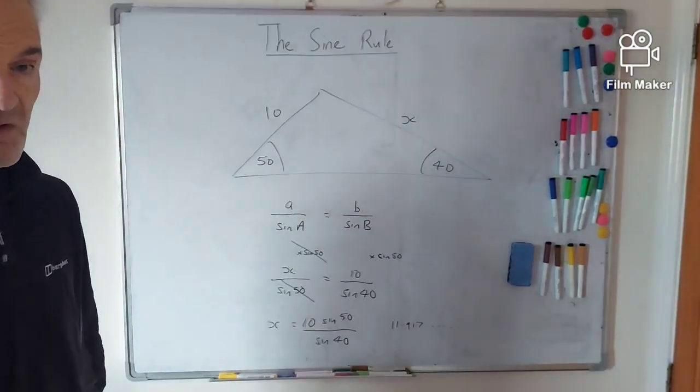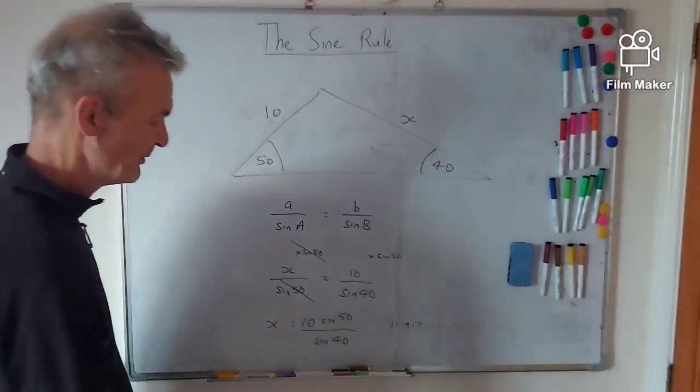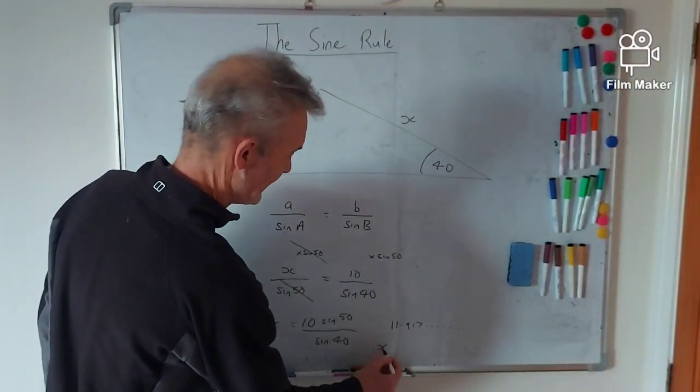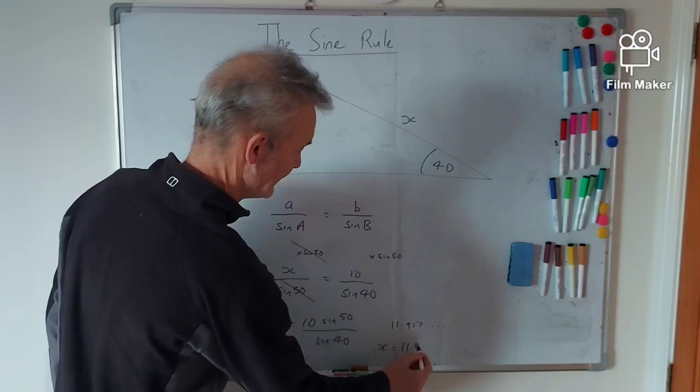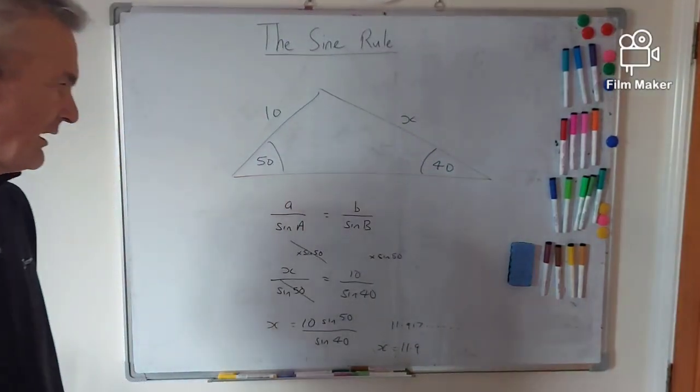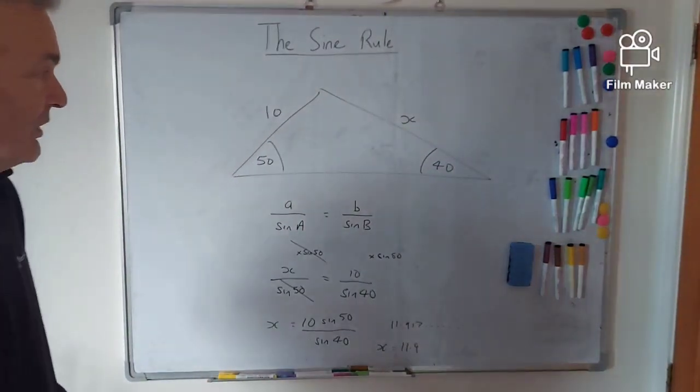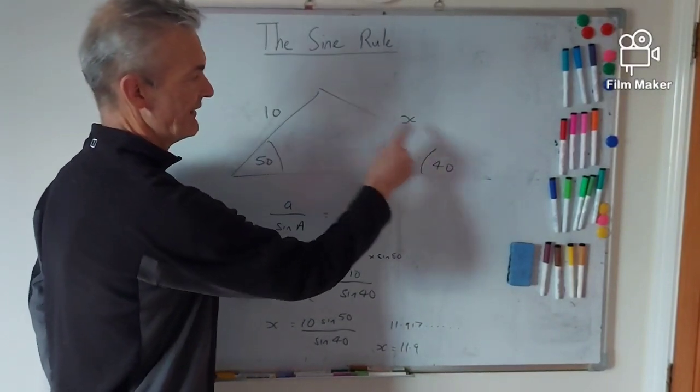So if we wanted this just to one decimal place, we could say x equals 11.9. And that's using the sine rule there to work out a missing side.